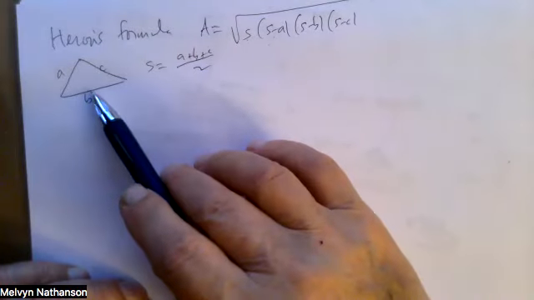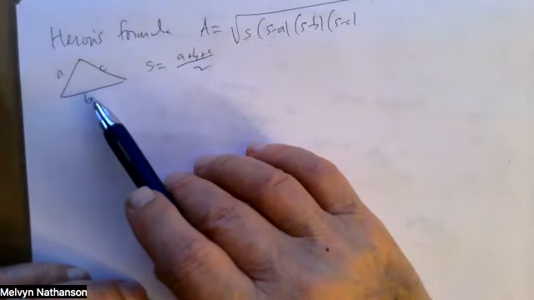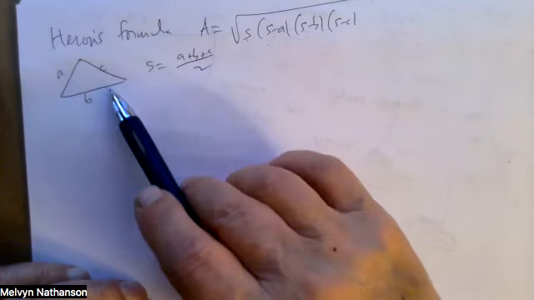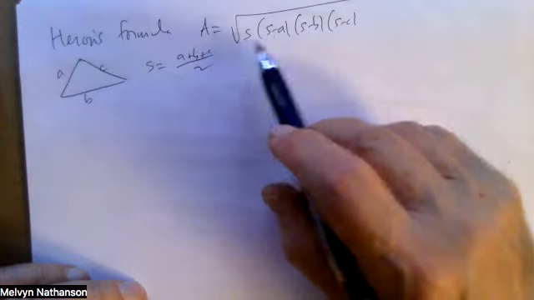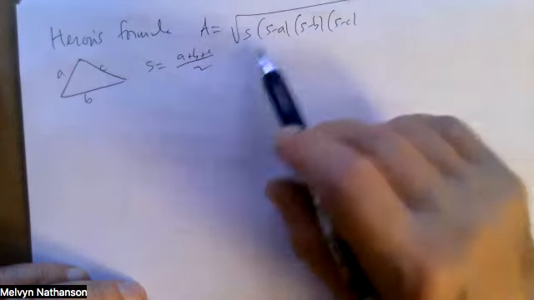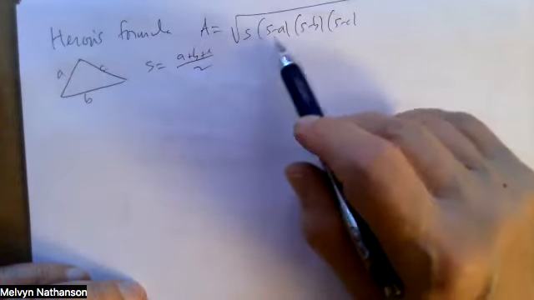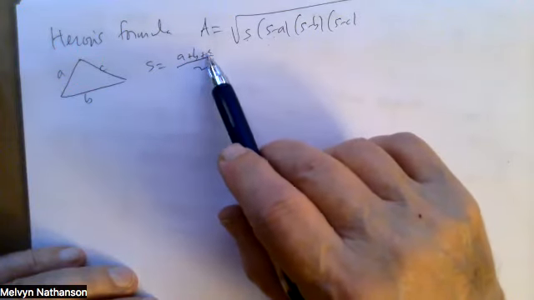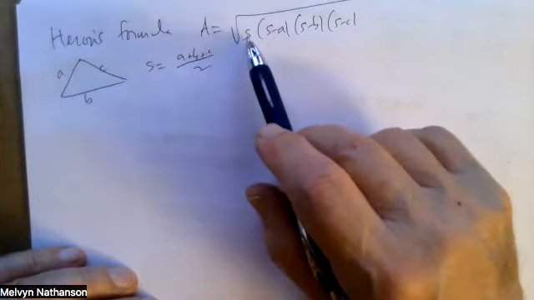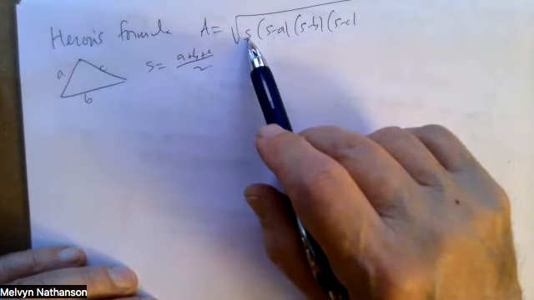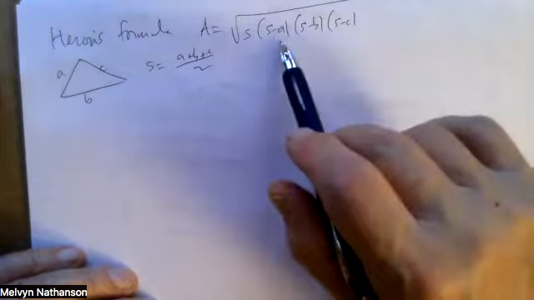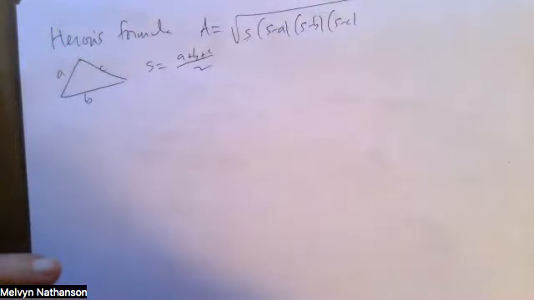Also, it shouldn't matter what you label A, B, and C, I mean, what order you label them in. So the formula for the area should be symmetric in A, B, and C. And in fact, if you permute A, B, and C in any way, the sum A plus B plus C doesn't change, so the semi-perimeter doesn't change. And these 3 factors might be permuted, but they're the same numbers, just written down in a different order.